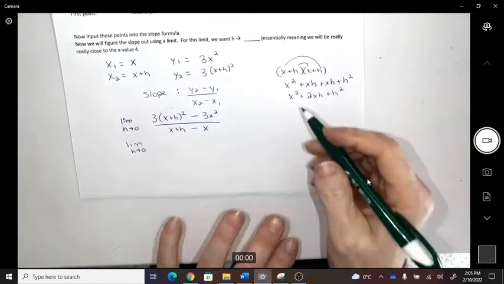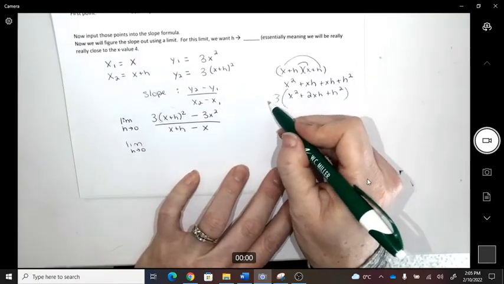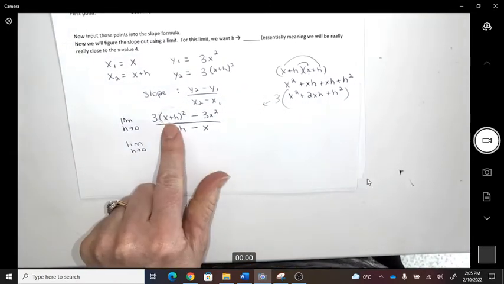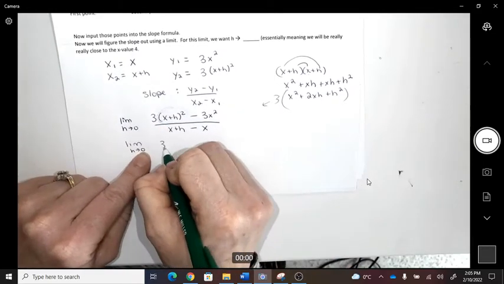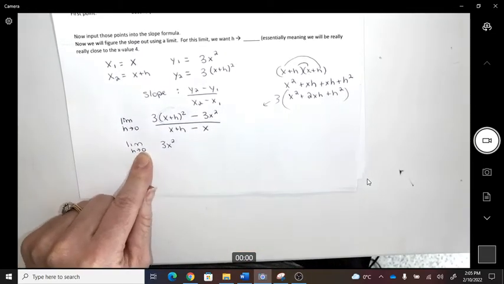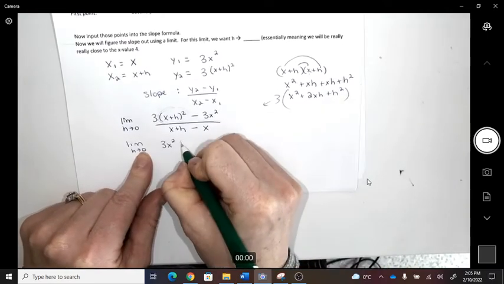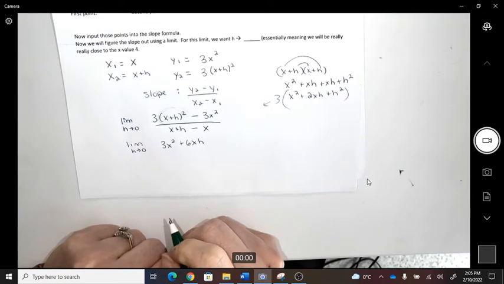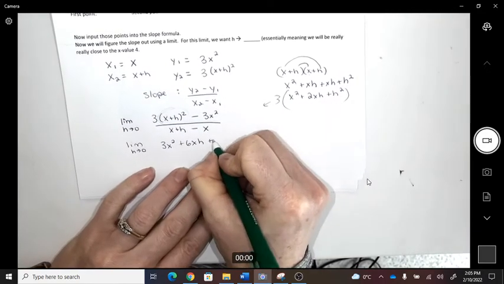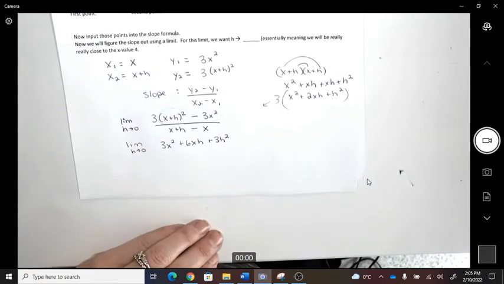Okay, you ready? Are you okay when I'm putting it in here? I'm going to have to times it by 3. Does that make sense? Okay, so 3x squared plus 6xh plus 3h squared.